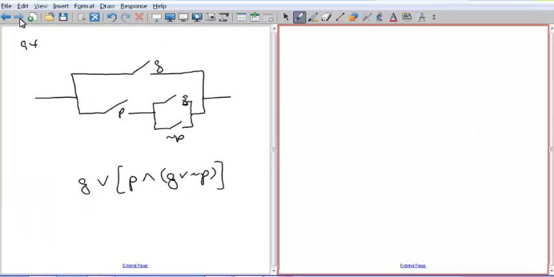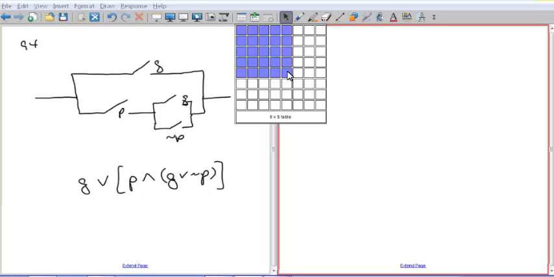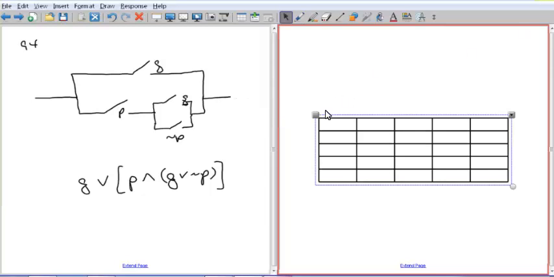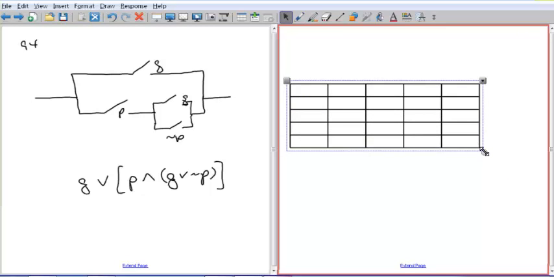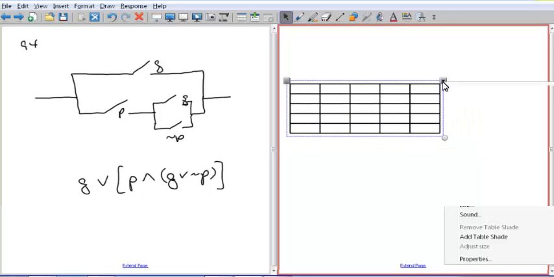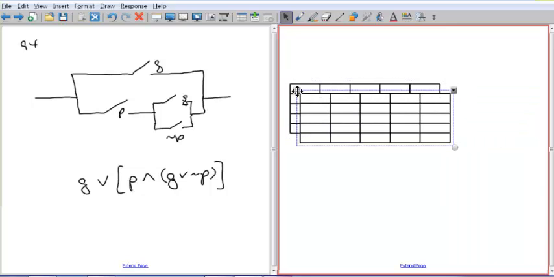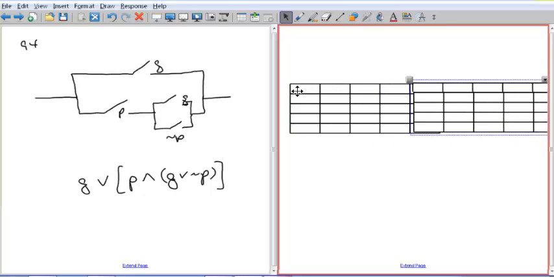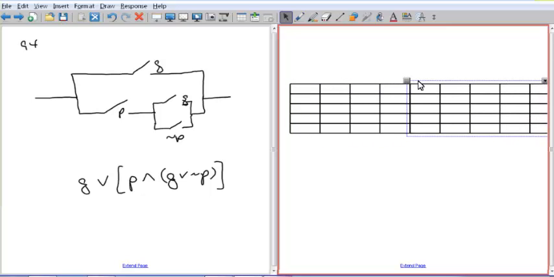So yeah, it does say simplify the circuit. So actually we didn't talk about that in class. So we need two columns for P and Q. And we need 1, 2, 3, 4, 5, 6, 7. 7 and 2 is 9. So same size as the last one. So we take this one, squish it up, clone it, and we overlap one of the columns.